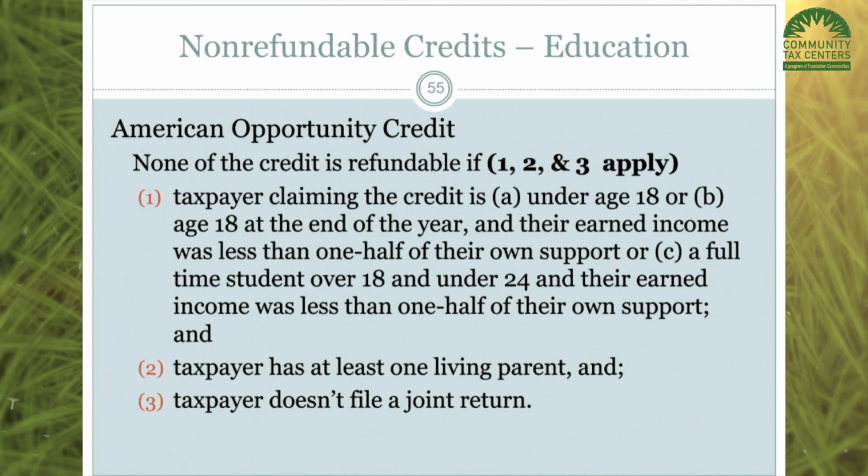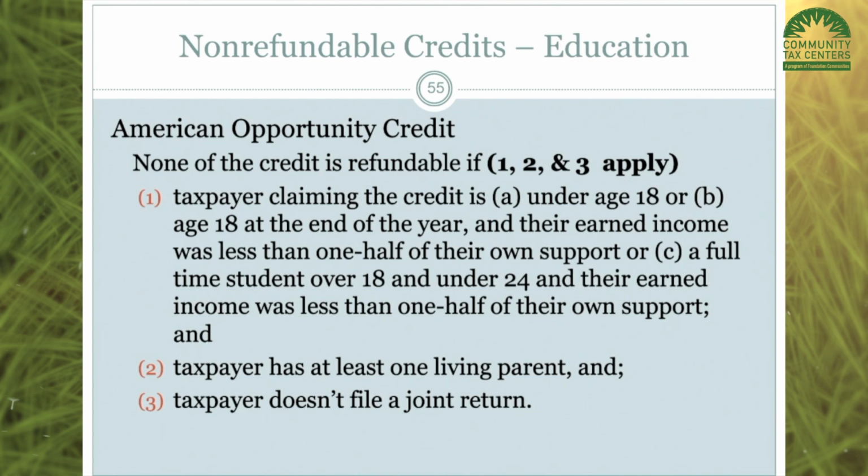Also with the American Opportunity Credit, we do have some individuals that in most situations will be considered a dependent just based on their age, but are filing as independent to get this American Opportunity Credit. TaxSlayer is going to ask these questions. So none of the credit, that 40% is refundable if 1, 2, and 3 apply.